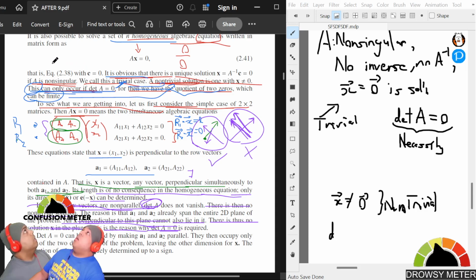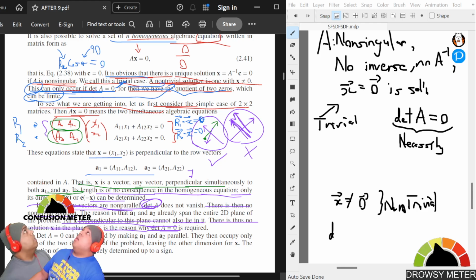Dot product is r x cos theta. If this is equal to 0, it either means r is equal to 0, x is equal to 0, or theta is equal to 90, which means perpendicular.